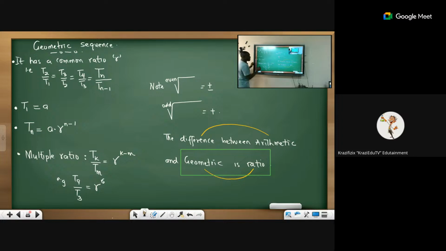All right. What did we say Tn is, everybody? We said Tn equals A R to the power n minus 1, right? So what is T1? 1 minus 1. That is R to the power 0, and anything to the power 0 is 1, which is A. What is T2 going to be? AR to the power 2 minus 1.